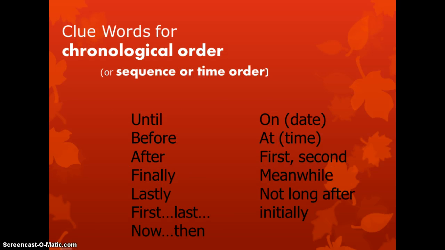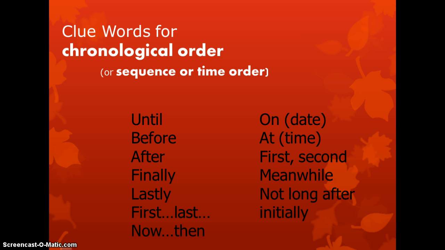You're going to find these clue words that constantly help you to figure out what order or what text structure is being used. Every text structure does have keywords. For chronological order or sequence or time order, these are just a few words that help you to figure that out.